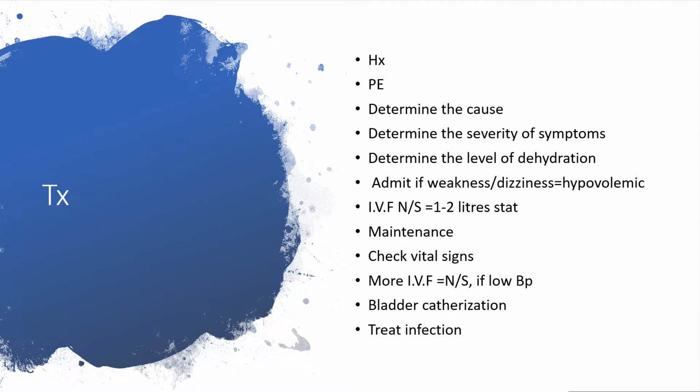You should check the vital signs, and you give more IV fluid, normal saline, if the blood pressure is still low. You should have bladder catheterization because this individual may not be going up and down to pee. You treat associated infection if you're able to pick one.